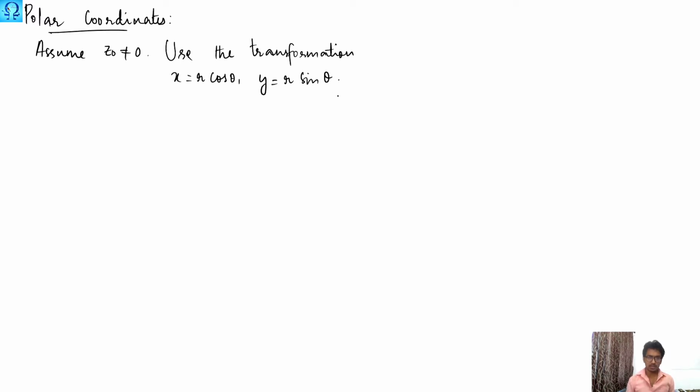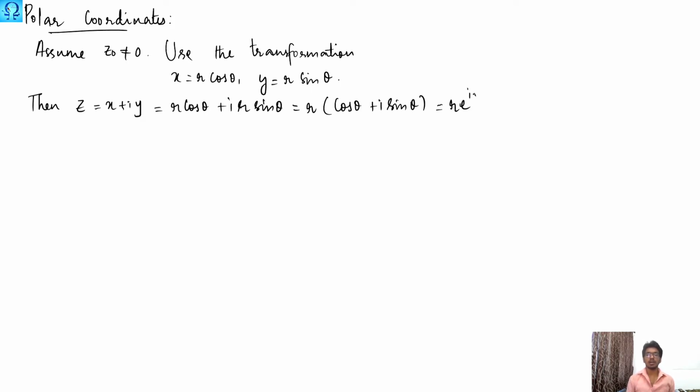So using these notations, we are going to do the things. Then our z equals x plus iota times y may be written as r cosine theta plus iota times r sine theta. You may take r outside, so this becomes r times cosine theta plus iota times sine theta, and this may be written as r e to the power iota times theta, with z non-zero.